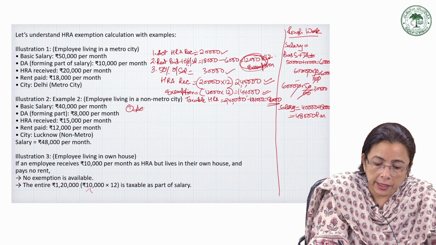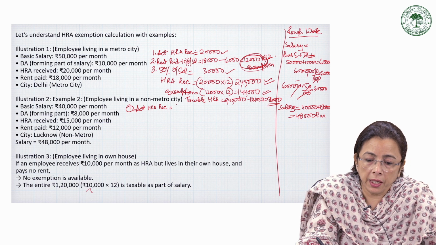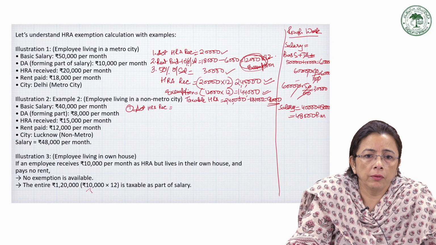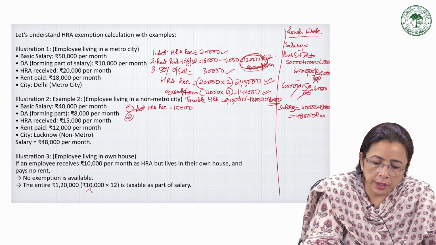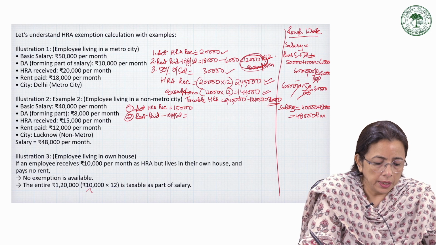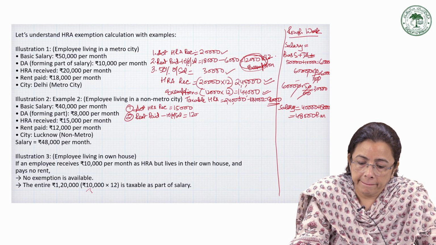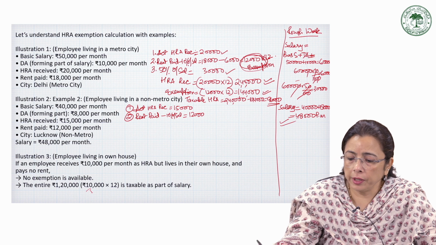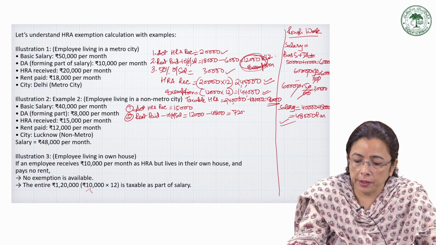First is actual HRA received. Actual HRA received is 15,000 per month. Let us compute it this way. It is 15,000. Second point is rent paid minus 10% of salary. Rent paid is 12,000 per month, and 10% of 48,000 is 4,800, and this comes out to 7,200.